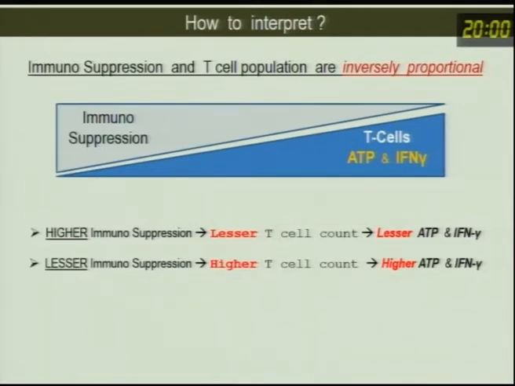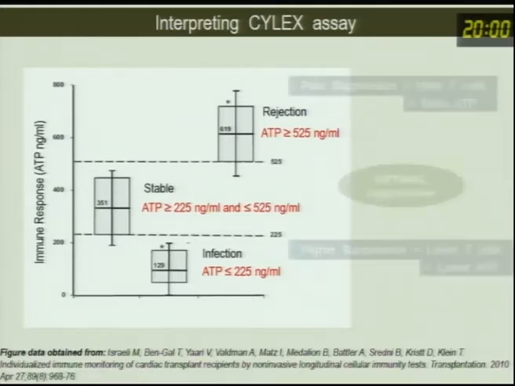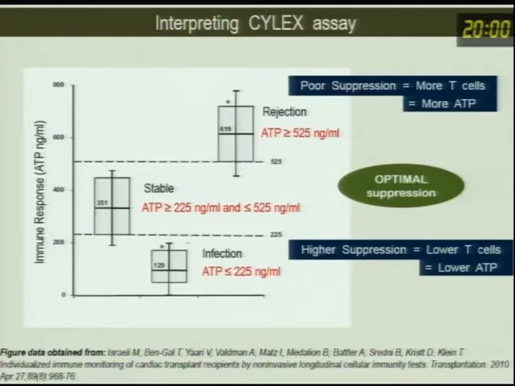So simple, right? Taking this into clinical practice, if a patient has a very high ATP signal, more than 525 nanogram per ml, then there's a probability of rejection because there was poor suppression. Since the suppression was poor, there were more T cells, and hence you're detecting more ATP.